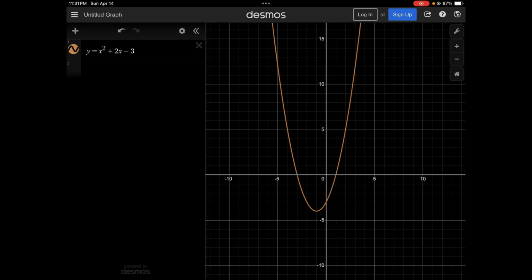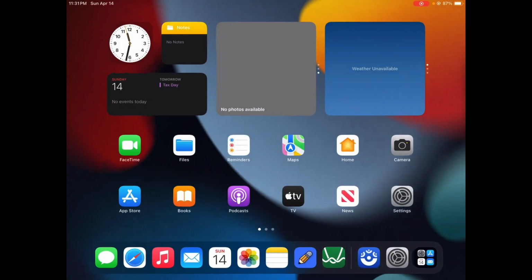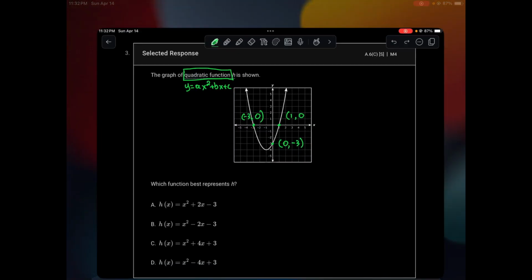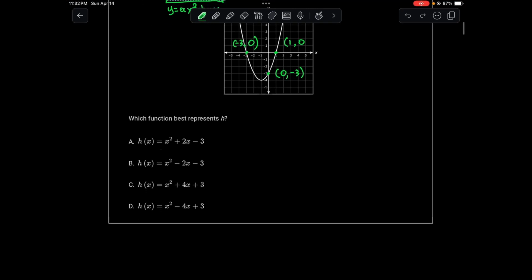Okay, that looks pretty close. Let's tap those points. 1, 0; negative 3, 0; 0, negative 3; and those are the points that I have. Okay, so that's the correct answer. Let's move on.